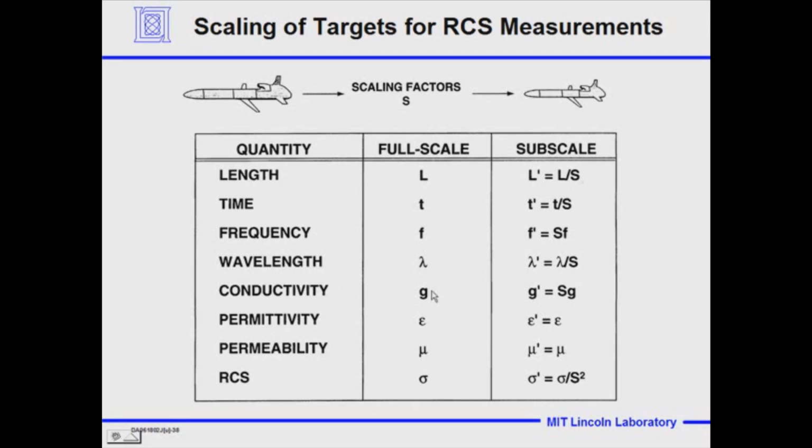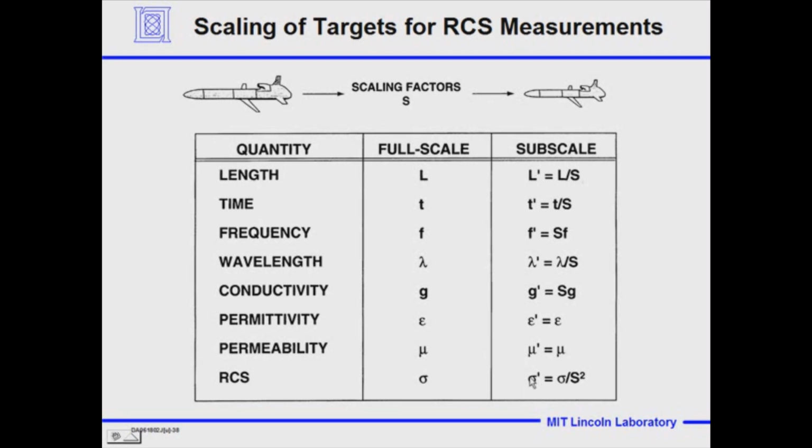But this thing called conductivity, which is a measure of how good a conductor the material is: if the material isn't a perfectly conducting metal, say it's a composite with some loss in it, then you've got to scale the conductivity. This is interesting because sometimes the scaling gives you a conductivity for which there isn't anything around, and you have to invent a new material to make it. But anyway, those things can be done.